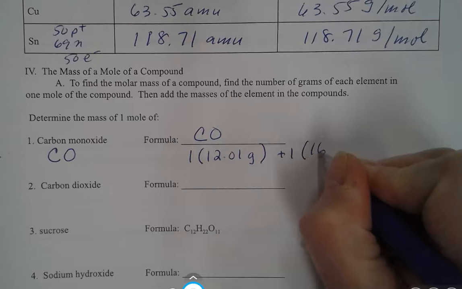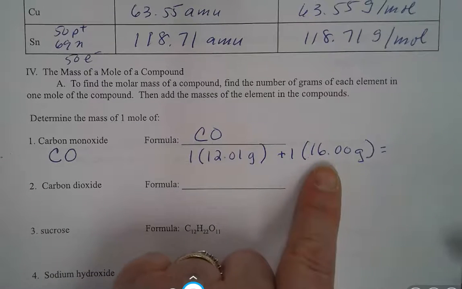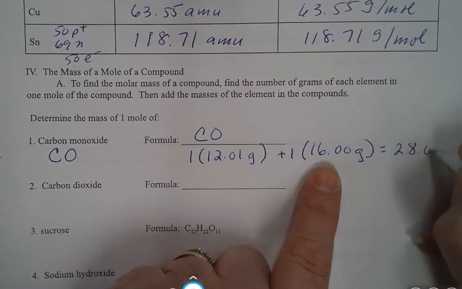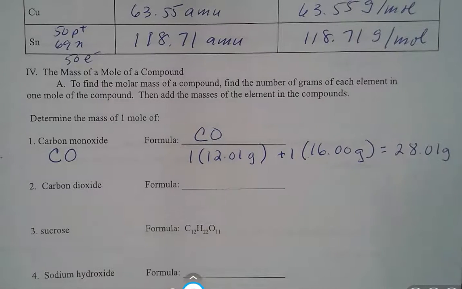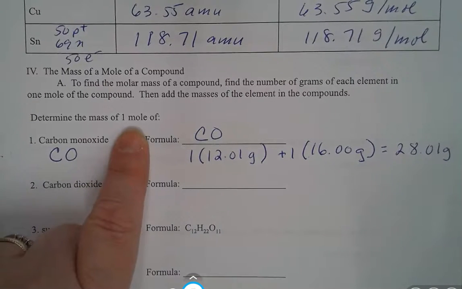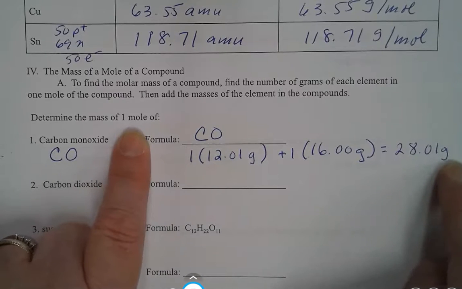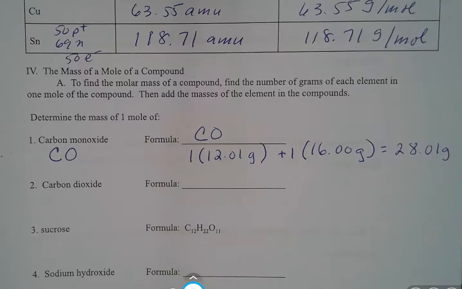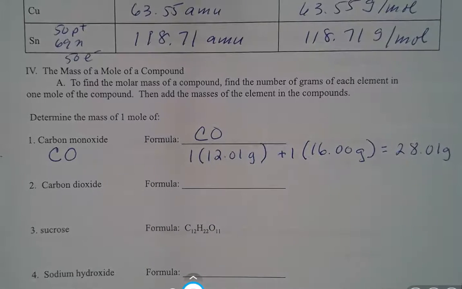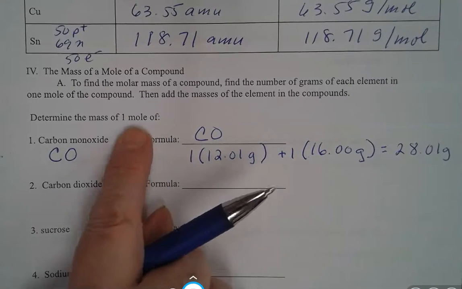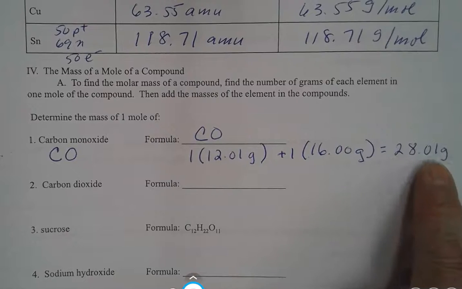If I add those two numbers up, what's 12.01 plus 16? I believe it's 28.01 grams. So the mass of 1 mole is 28.01 grams. So the molar mass is 28.01 grams per mole. That's the unit. Molar mass's unit is grams per mole.